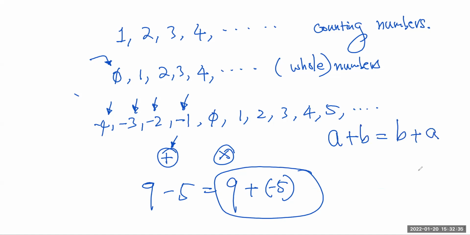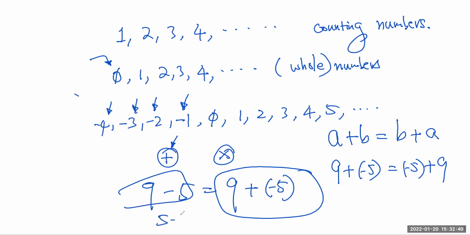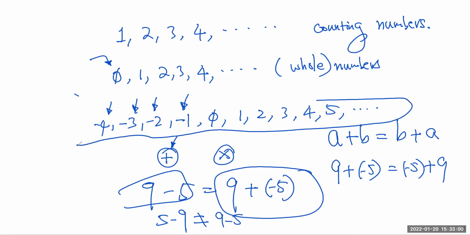Yes. That's the commutative property. Now, once we have negative numbers, we can easily do that. That gives the same result, right? Yes. But if you swap the subtraction, we'll have a different value. That's not the same as 9 minus 5, right? Yes. So now with negative numbers, it makes the mathematical problems a lot easier.